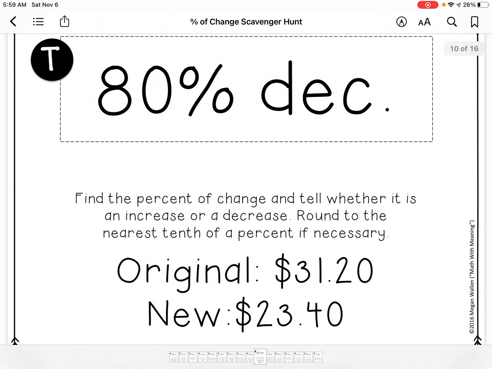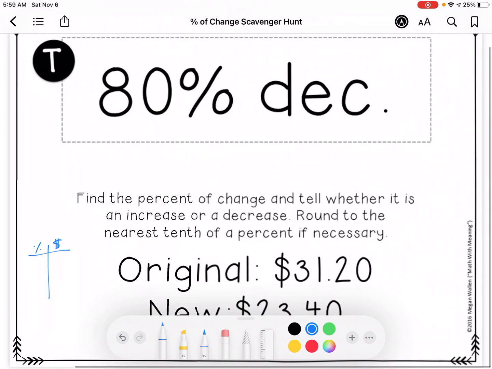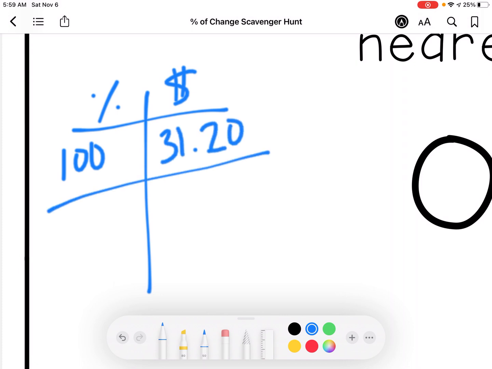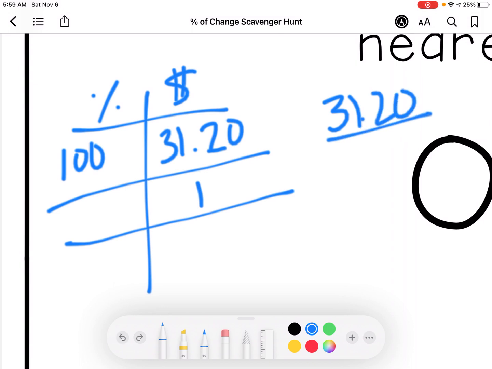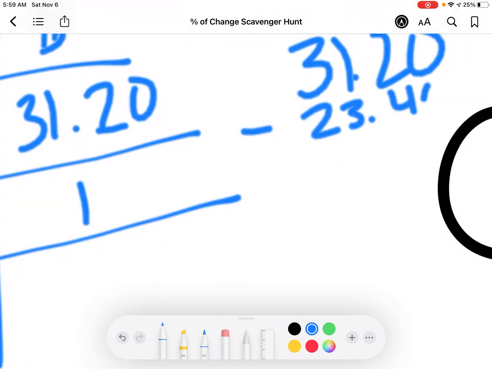All right, so I got $13.20, $23.40. I get $7.80.